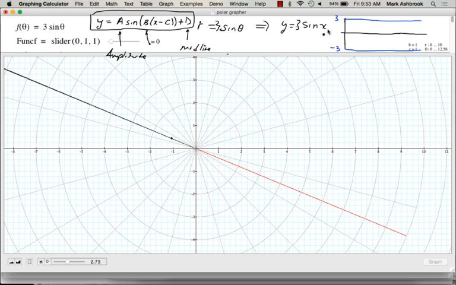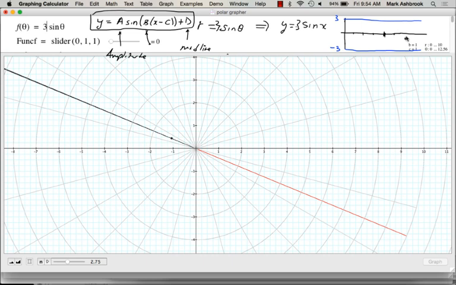So 2 pi is when we get one full cycle. And when we sketch these, we take one full cycle and we divide it up by 4. So if 2 pi is our one period, then we're going to divide it into 4 pieces, and that's going to help us with the sketch.